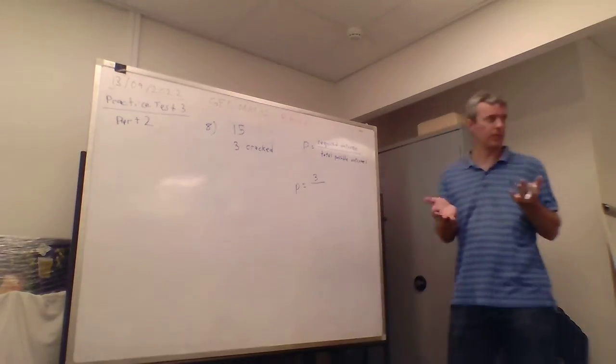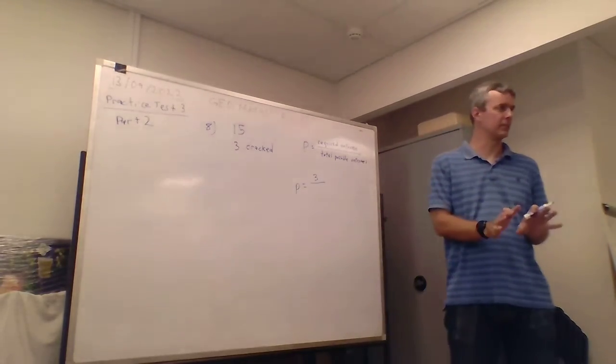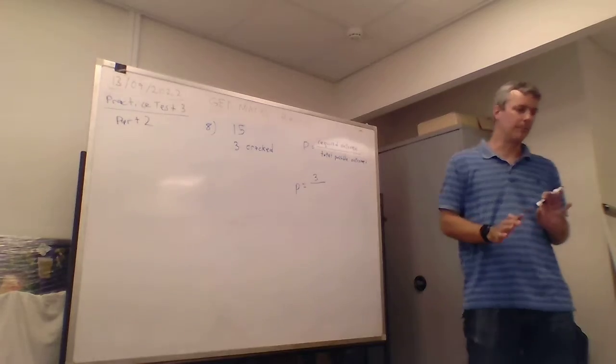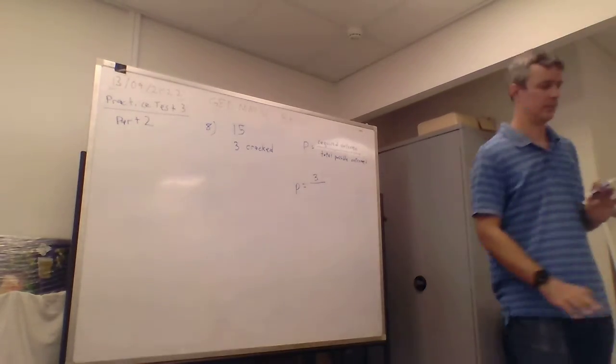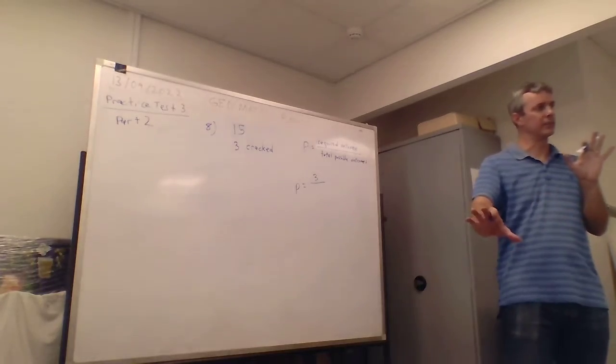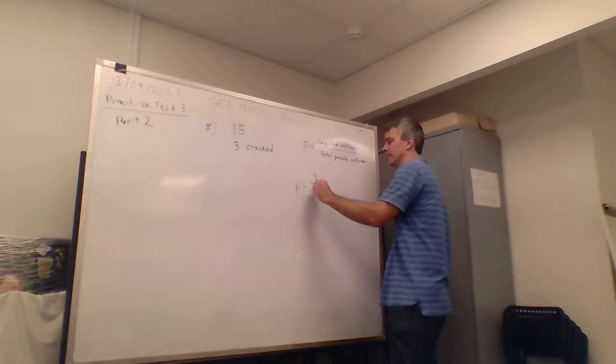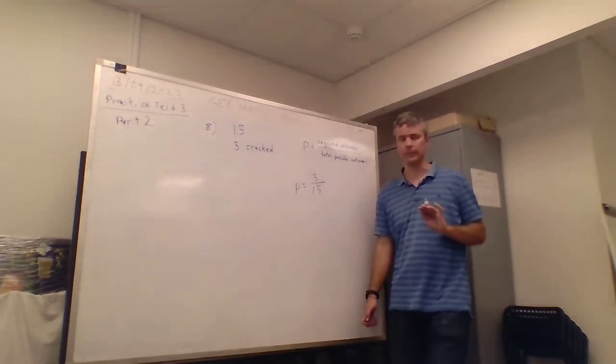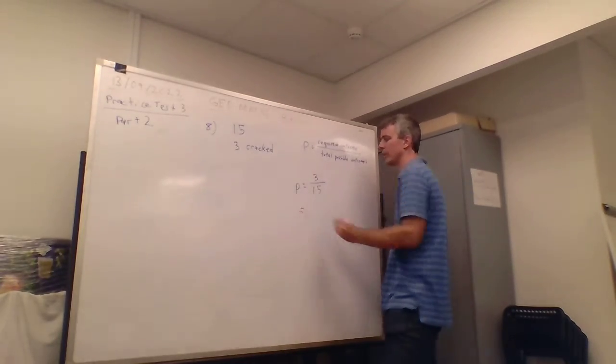How many total could it be, including cracked and not cracked? It says the total is 15. The large window has 15, and 3 of those are cracked. So the total is 15. We don't add them, it's just 15. Alright, so what is 3 over 15?